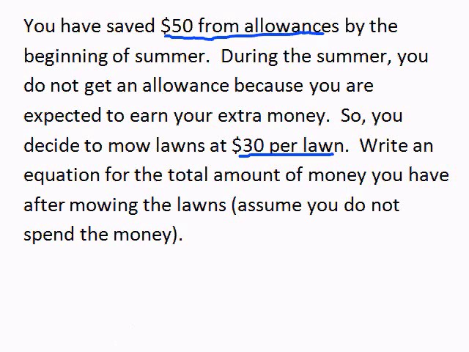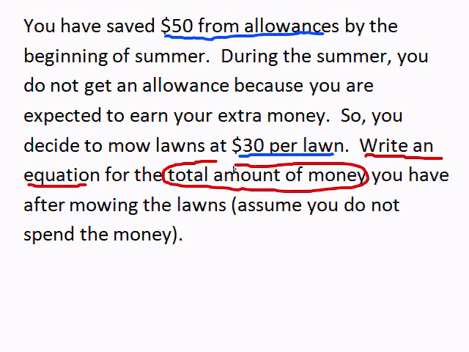And what we're asked to do is write an equation for the total amount of money you have after mowing the lawns. So you are going to be earning some money after mowing some lawns, and we assume we don't spend the money. So our total money won't be going down, it'll only be going up because we're earning $30 per lawn.